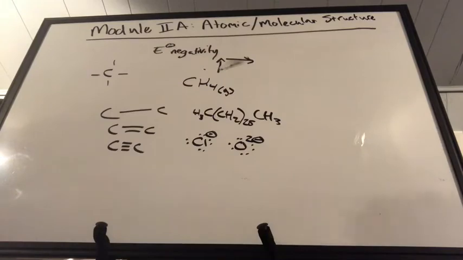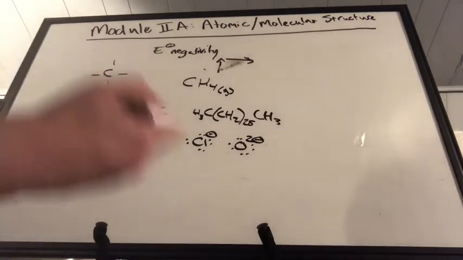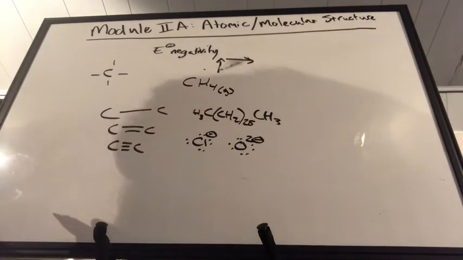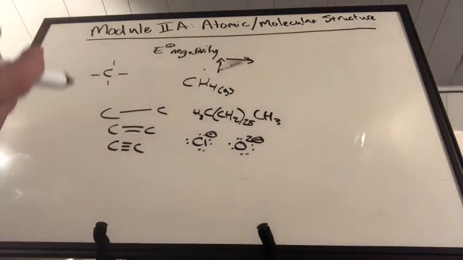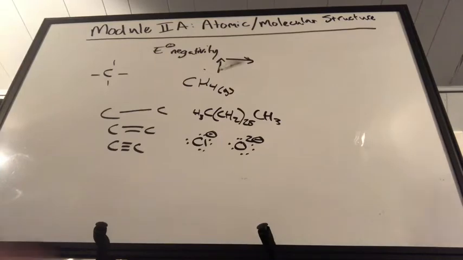And then the negative charge and positive charge. The negative charge is going to indicate that there's a surplus of electrons relative to protons. If there's a positive charge, that means there's a deficiency of electrons relative to protons. Okay? So just a little bit of review there.